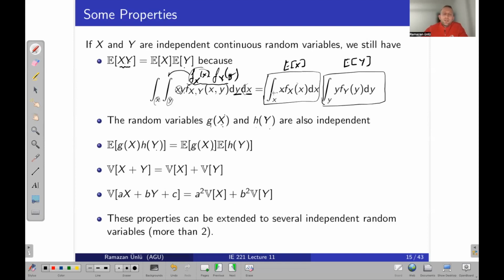The only difference is that instead of summation, we have used integration. And these properties can also be used for several independent continuous random variables, more than two. So you can safely and easily extend these properties to more than two continuous random variables.